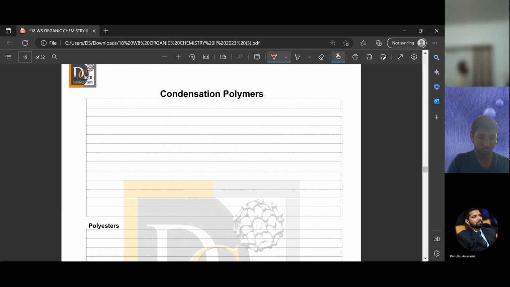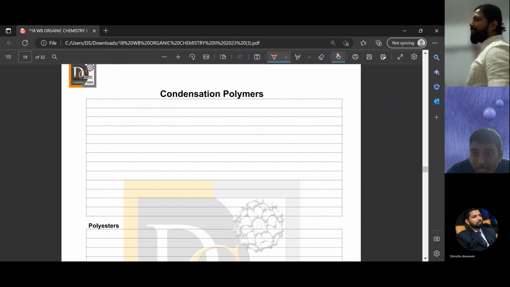Do you know condensation reactions? What are the condensation reactions here? What's the name? What is the meaning? So for example, esterification is an example.